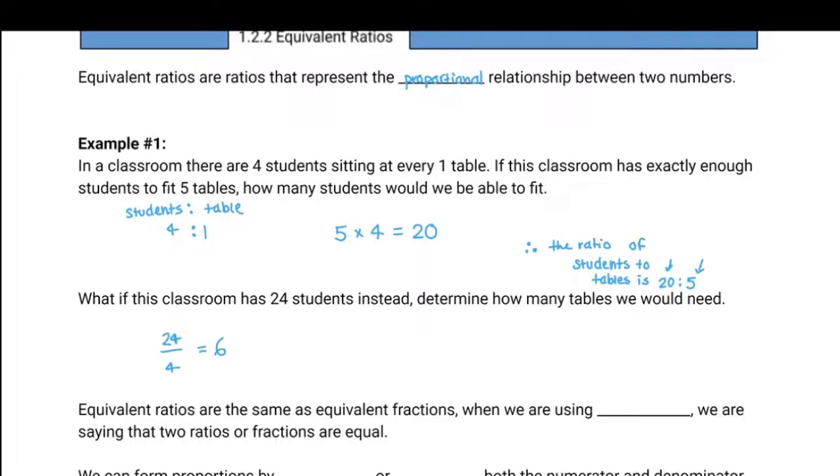So this would mean that the ratio of students to tables is 24 to 6. And we would need 6 tables.